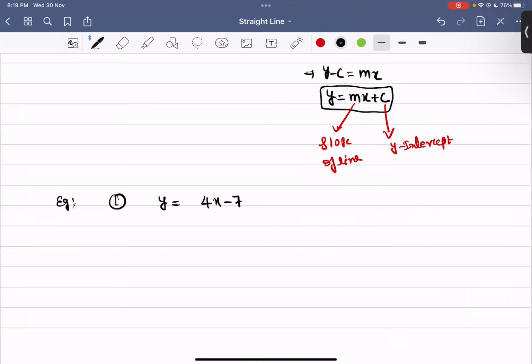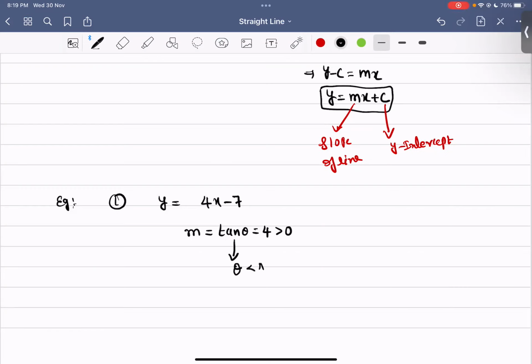How will the line look? We will see. Here m is equal to tan theta is equal to 4. So 4 is positive, which means tan theta is positive. Tan theta is positive means theta is an acute angle.